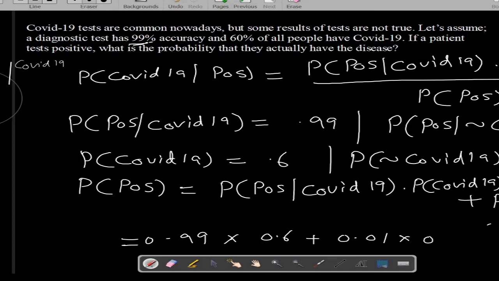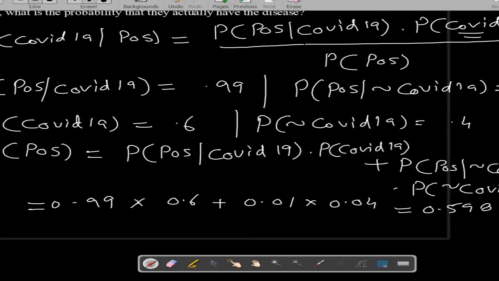So this is 0.004. Now this quantity is going to be 0.598. Now let us plug in all the values in this formula.